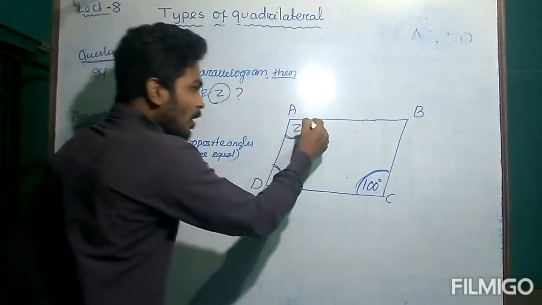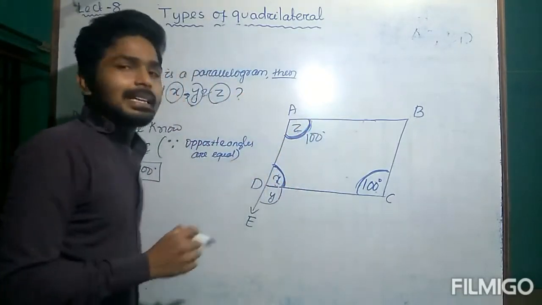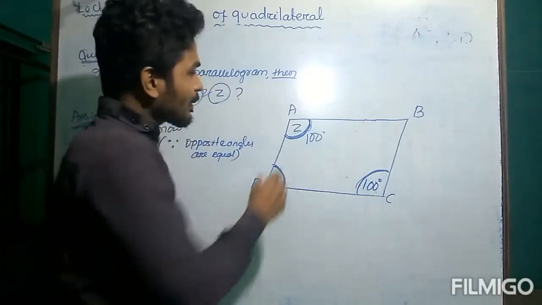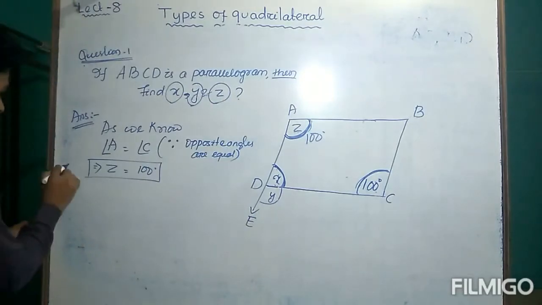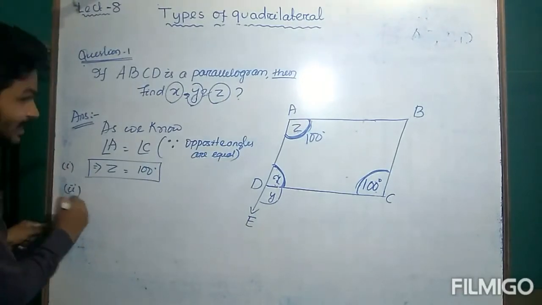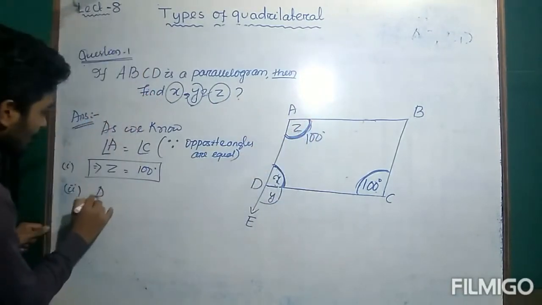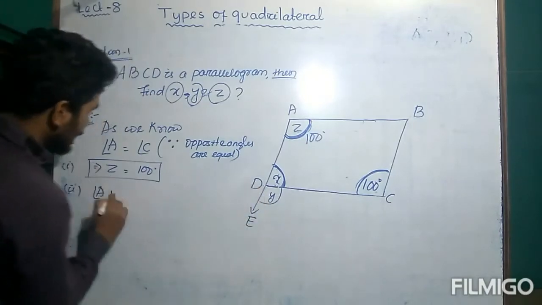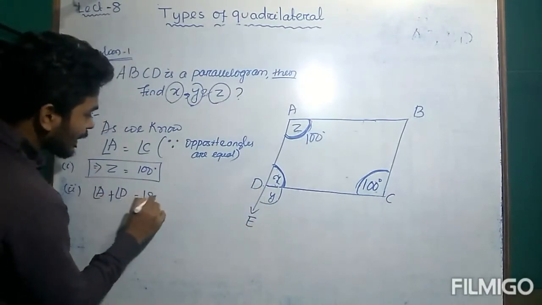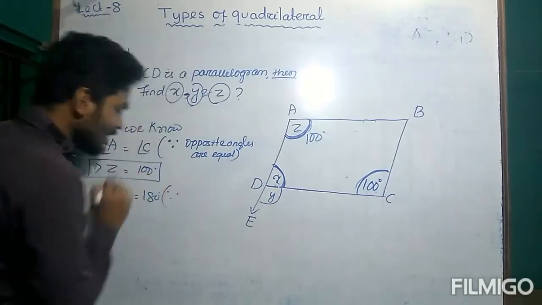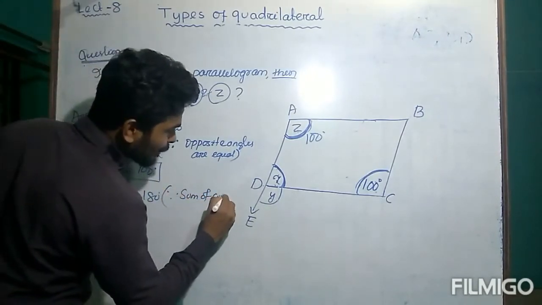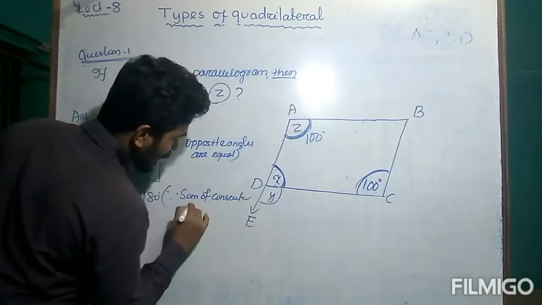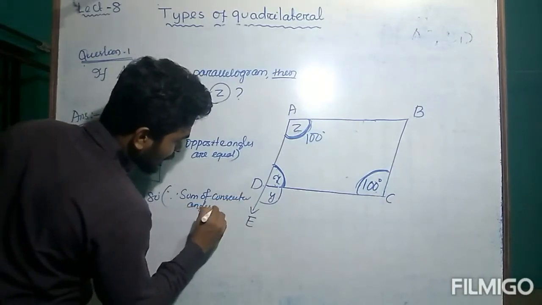The sum of the consecutive angles is 180 degree. The two angles together make 180 degree. Okay, so the second thing is angle A plus angle D is equal to 180 degree. Reason: because sum of consecutive angles is 180 degree.